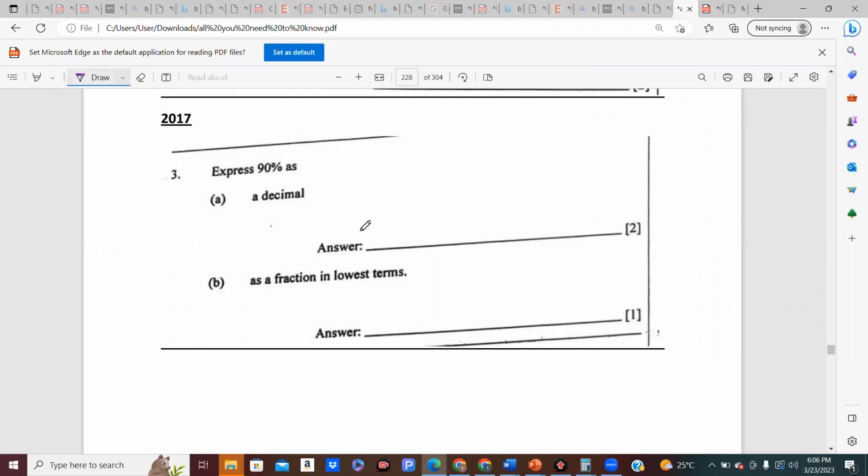So we have 90%, but a percentage is basically divided by 100. So what you're going to do is move the decimal point twice to the left, 1, 2. And so the answer is definitely 0.9.